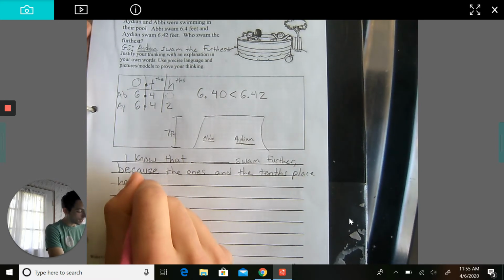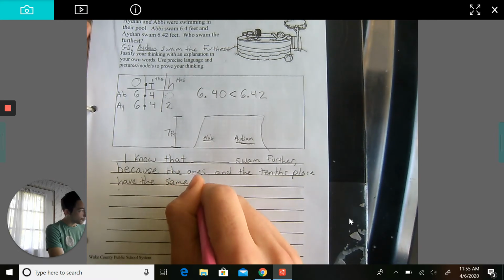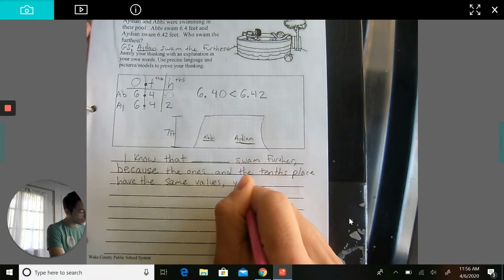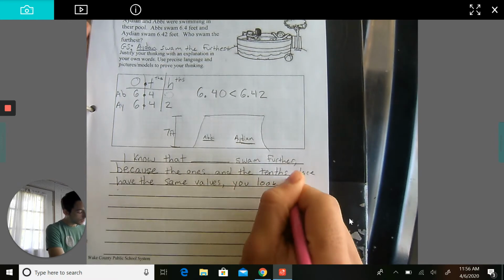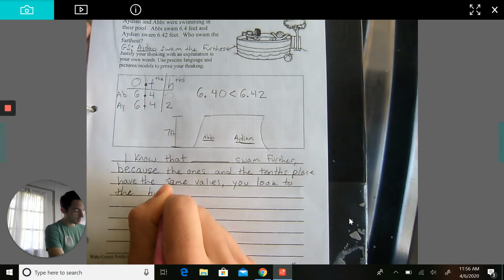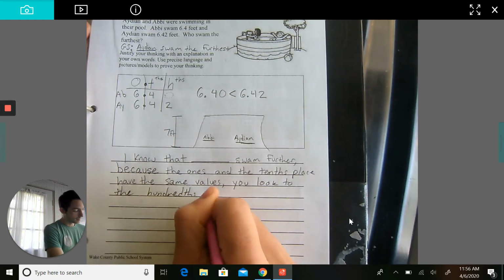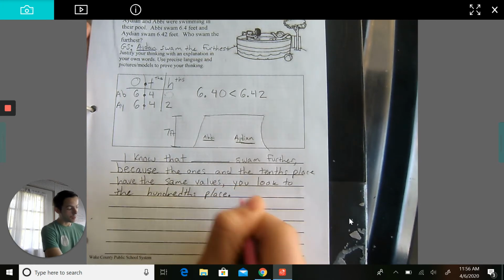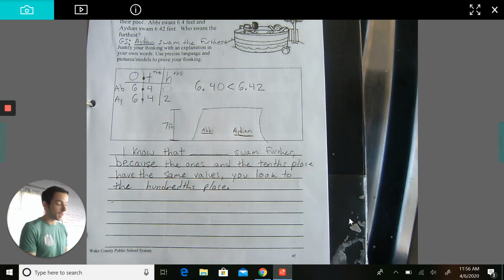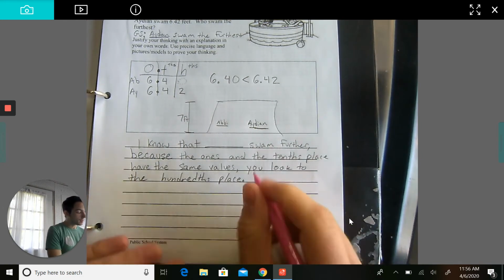Have the same values. You look to the hundredths place. Now remember, mine is not the only correct answer. I'm giving you a model of what it could look like as you finish. You look to the hundredths place.